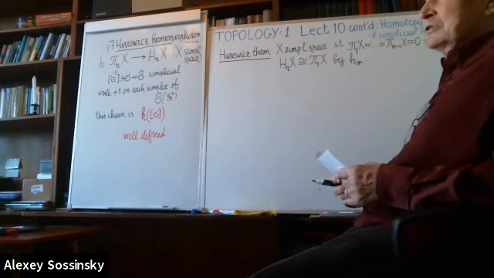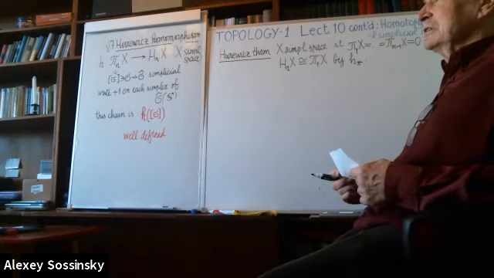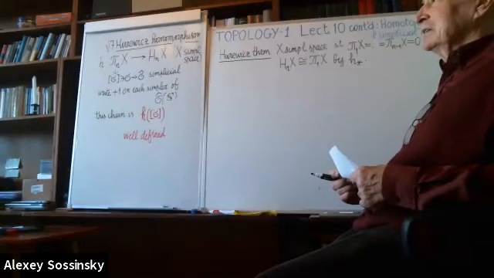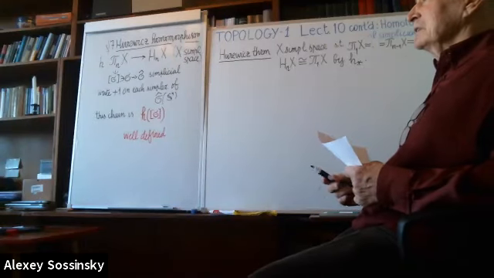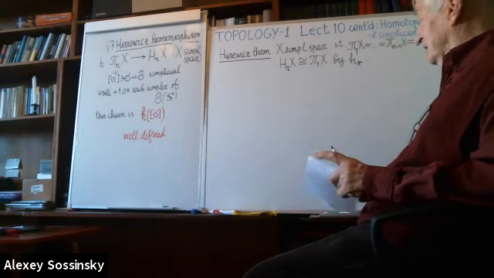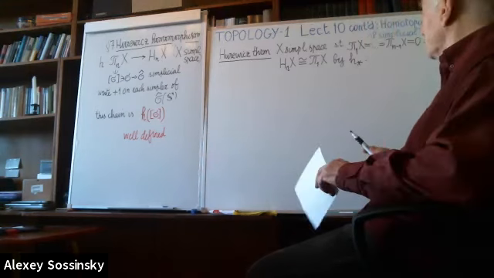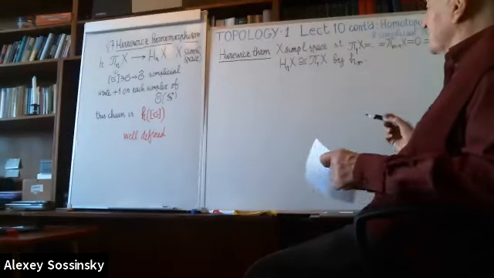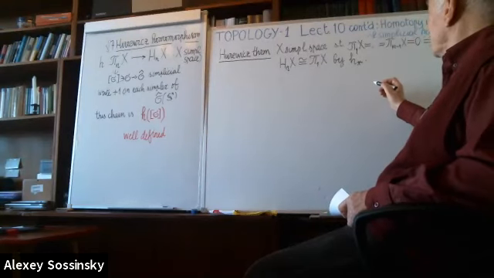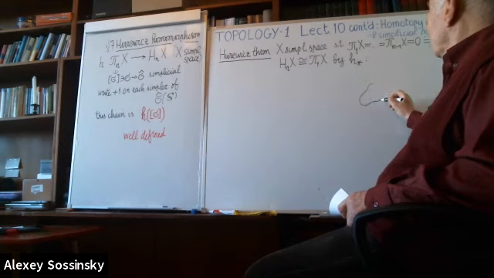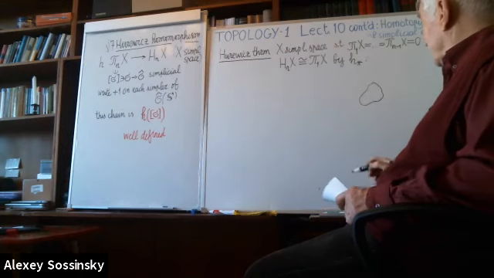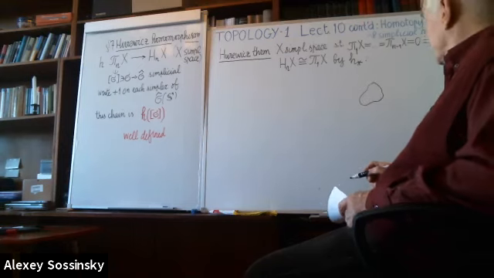Now, what is the difference between homology and homotopy? Well, there are two differences. In a homotopy group, the elements are spheroids, so they're kind of like circles or spheres.